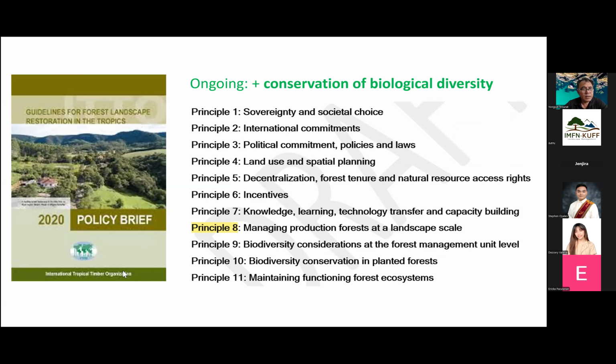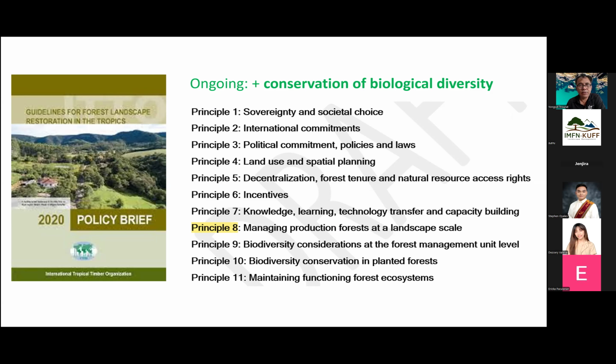Currently, the International Tropical Timber Organization, or ITTO, which promotes sustainable forest management, is working with the IUCN to update the previous guideline of forest landscape restoration to include the conservation of biodiversity according to the Convention on Biological Diversity and the Kunming-Montreal Global Biodiversity Framework Target.